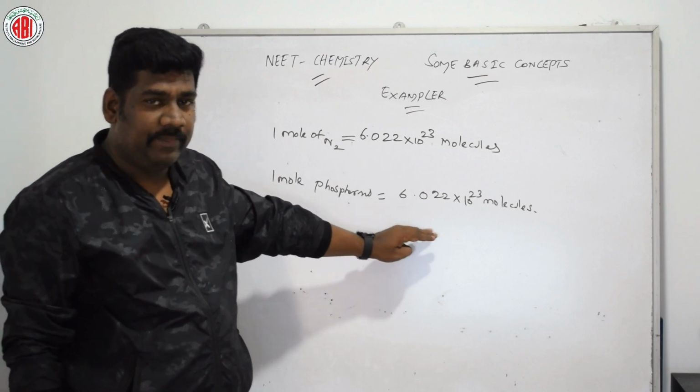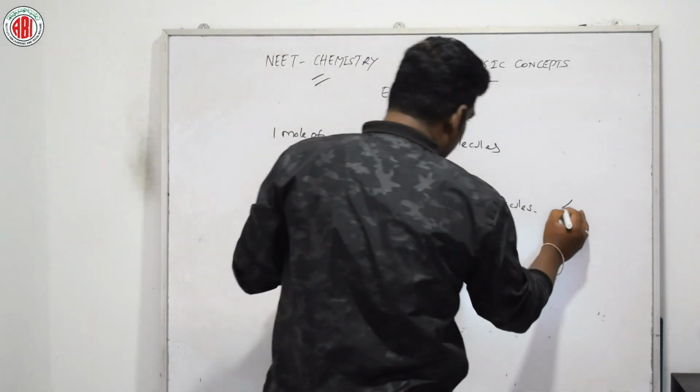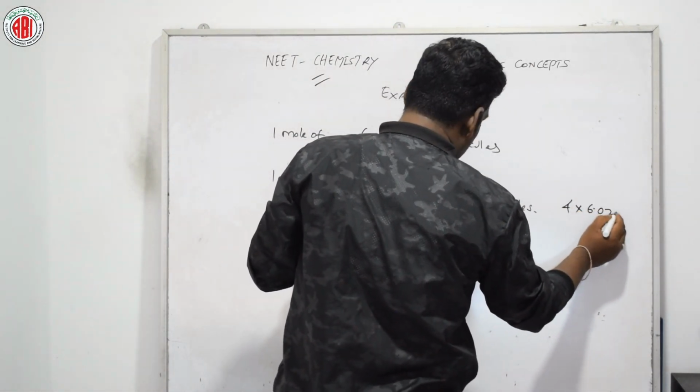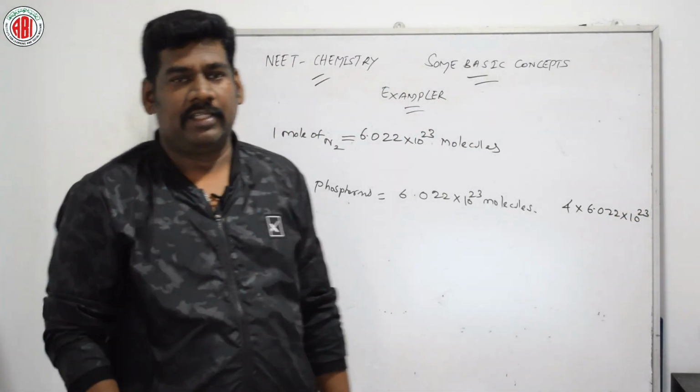At the same time, when we are talking about number of atoms, that is 4 into 6.022 into 10 to the power of 23 number of atoms.